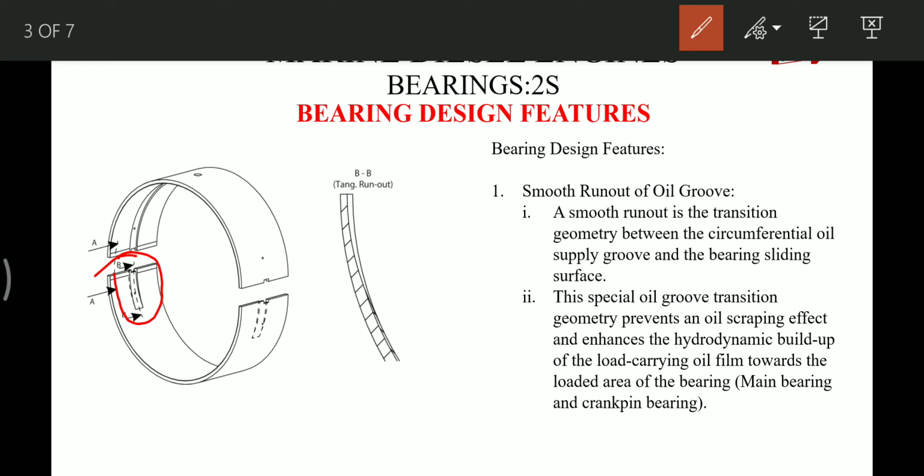This feature is used in main bearings and crankpin bearings. This is the cross section of the smooth runout oil groove. You can see this small region, it is cut so that oil can pass through to the loaded part of the bearing.